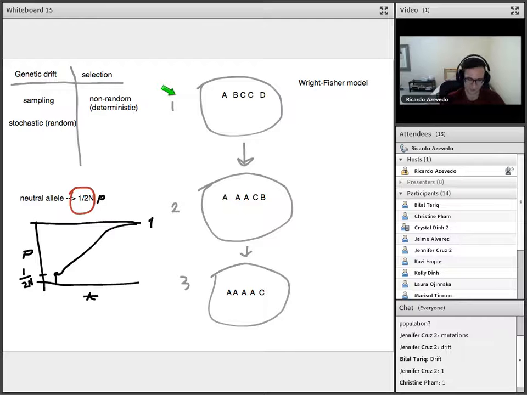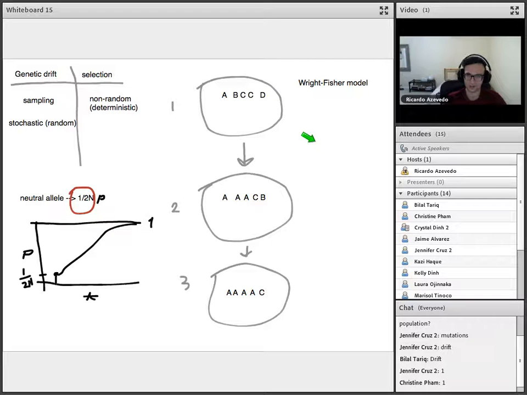I did that intentionally because there's an observed level of heterozygosity, which is simply the frequency of heterozygotes, in the case of a 2-allele, 1-locus system.